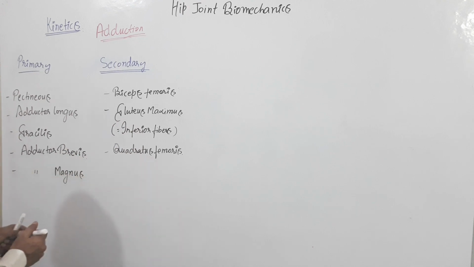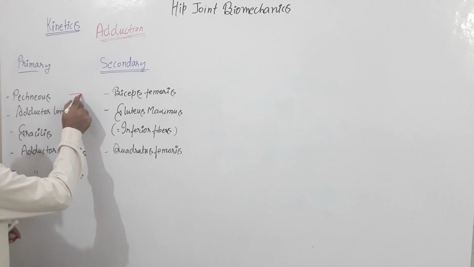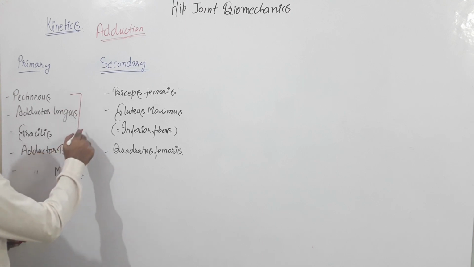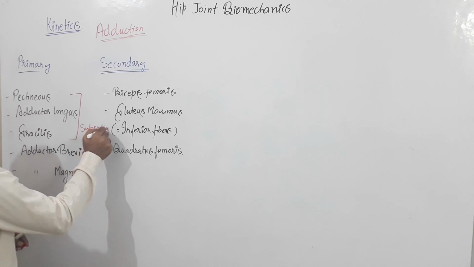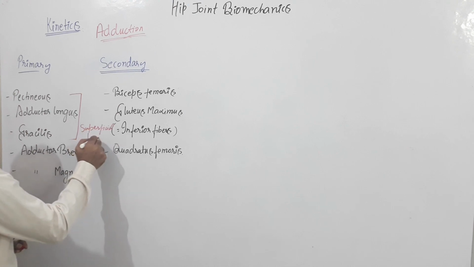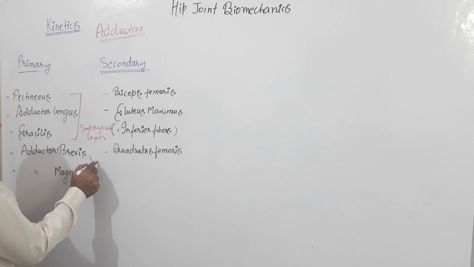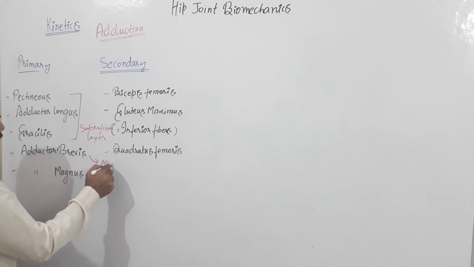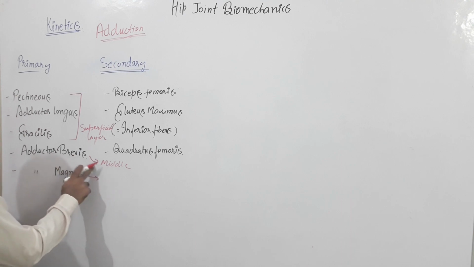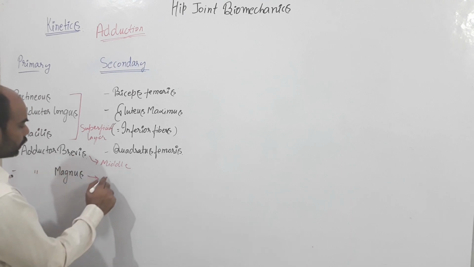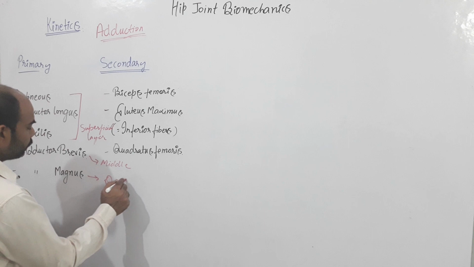Of these, pectineus, adductor longus and gracilis are in the superficial layer, adductor brevis in the middle layer, and adductor magnus in the deep layer.